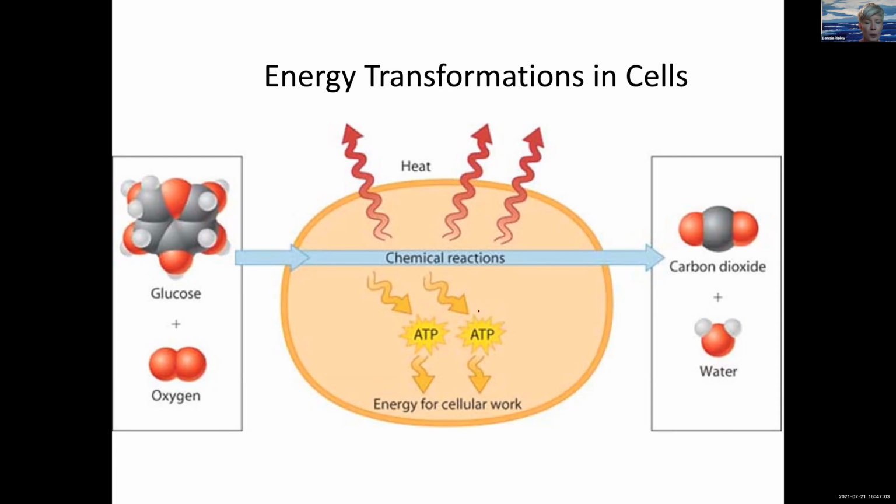For example, when you burn gasoline in your car engine, you turn the potential energy stored in those hydrocarbon molecules, which are not dissimilar to glucose in the way they store energy, into the kinetic energy that makes your wheels go around and makes your car go forward. But what happens to the engine of the car is that it heats up, right? So that's reflecting the heat that's lost from that combustion reaction.